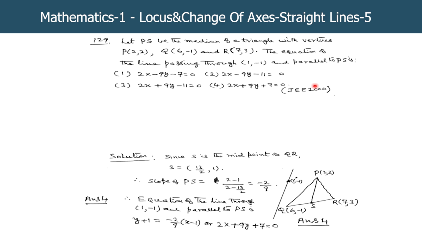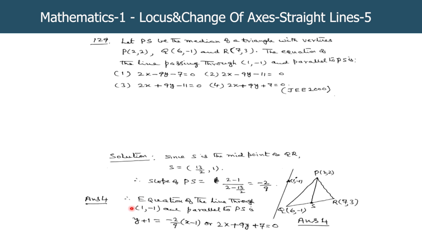Now since S is the midpoint of QR, S is (13/2, 1), and the slope of SP is (2 − 1)/(2 − 13/2), which is nothing but −2/9.